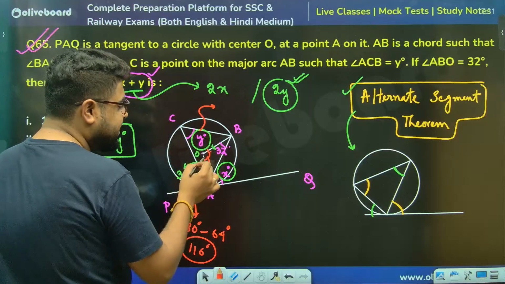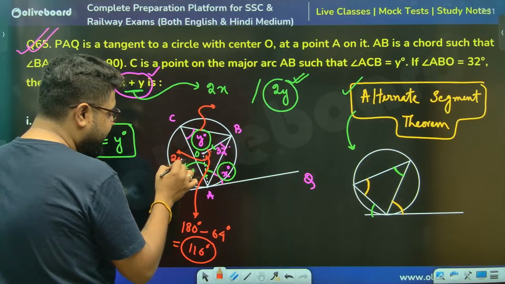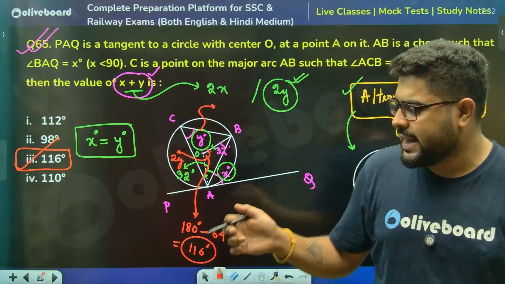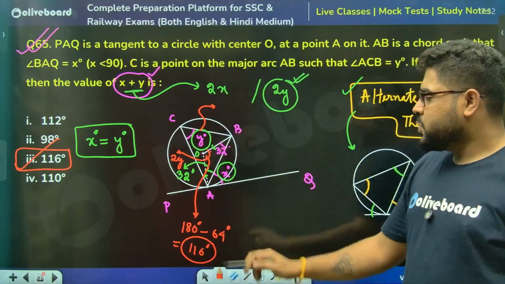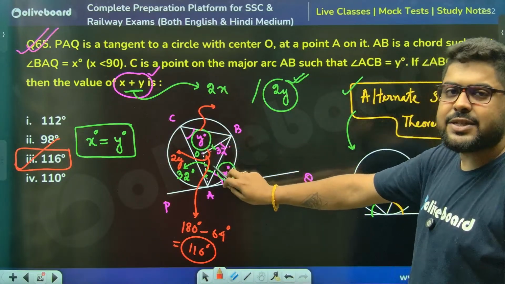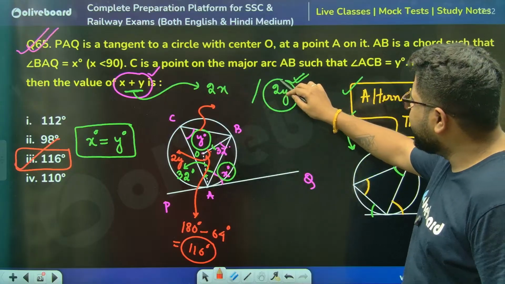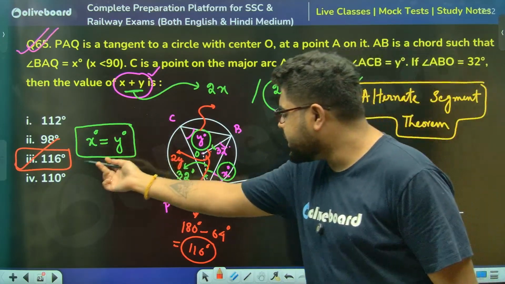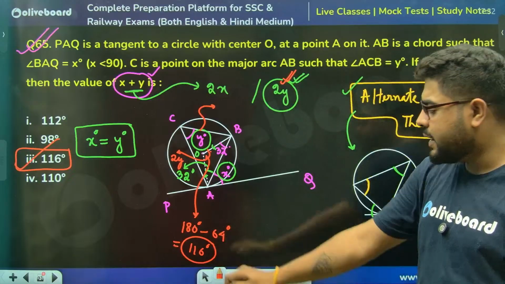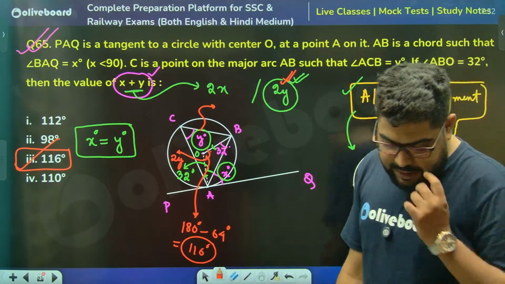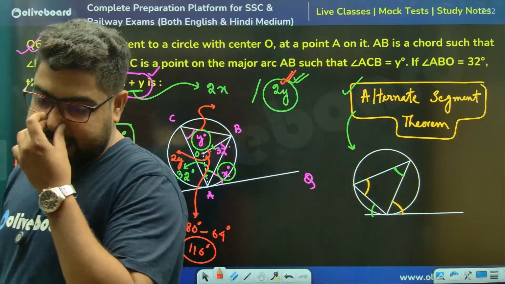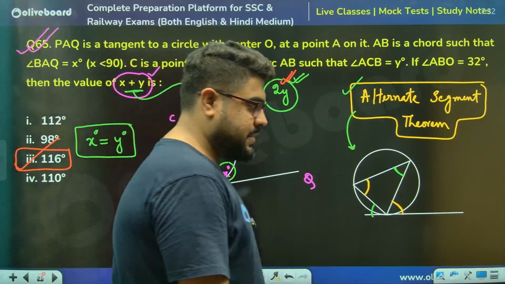If this is y, then this is 2y, because the central angle is always double the angle made on the circumference. So if this is y, this is definitely 2y, and we need the answer for 2y only. They are asking for x plus y, so the answer is 116 degrees. Raghu, not 110, brother, 116. 116 degrees is your answer.